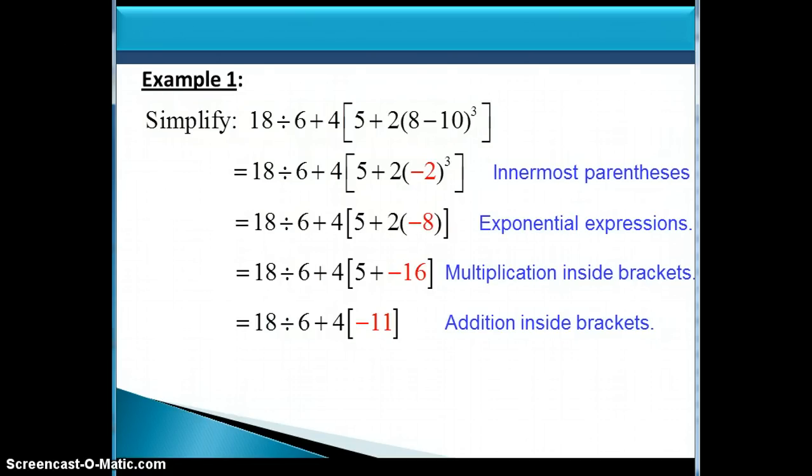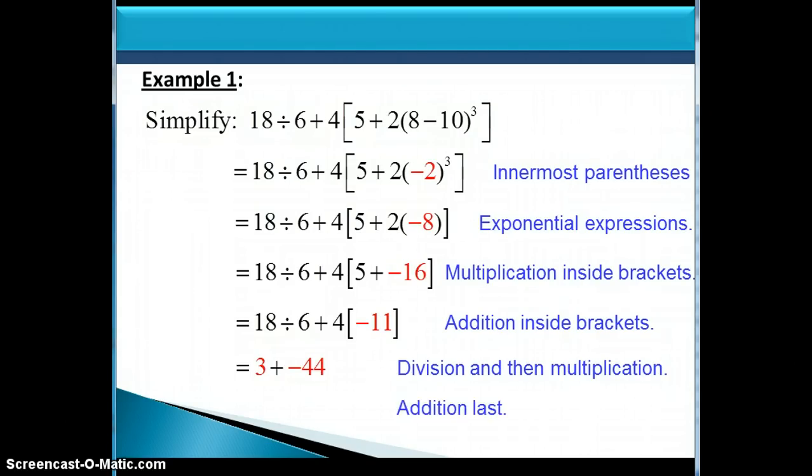So we perform the division first and then the multiplication. 18 divided by 6 is 3, and 4 times -11 is -44. Then our last step is addition. We add 3 plus -44 to get -41 as our final answer.